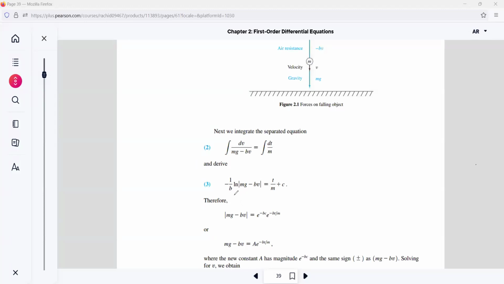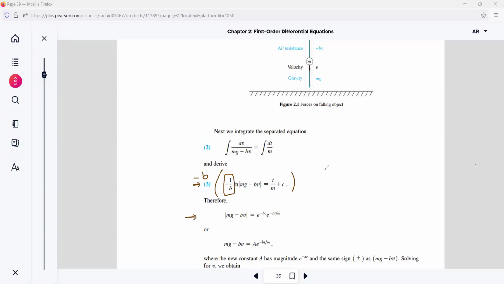All right. So now, what is the next step between this 3 and here? That means we need to solve this equation, which means let's multiply by negative b both sides.